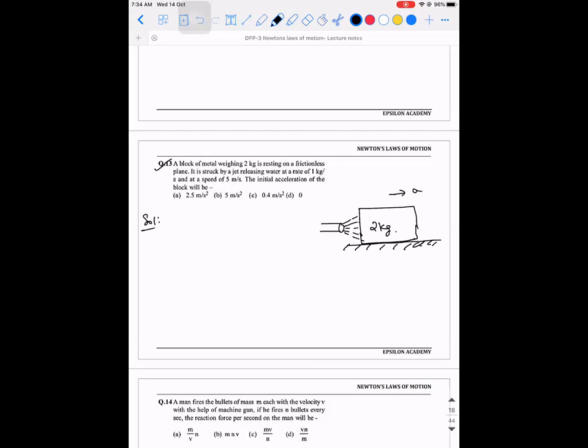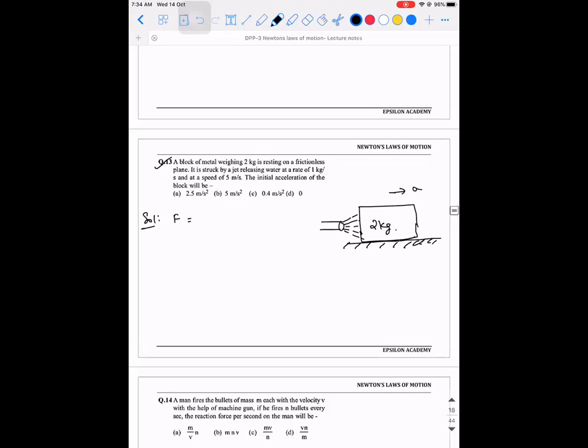If you read the question carefully, what is the speed with which the water is hitting the block? They have given it. It is 5 meter per second. Since they are asking only the initial acceleration, they are not concerned about what is happening after some time.